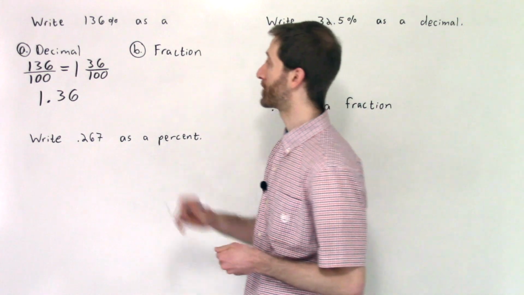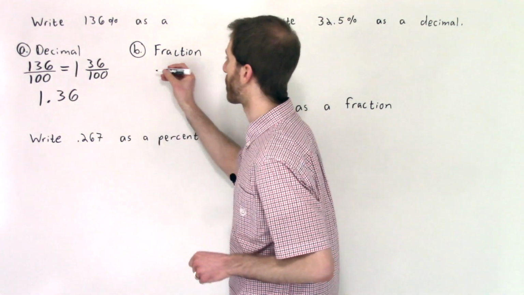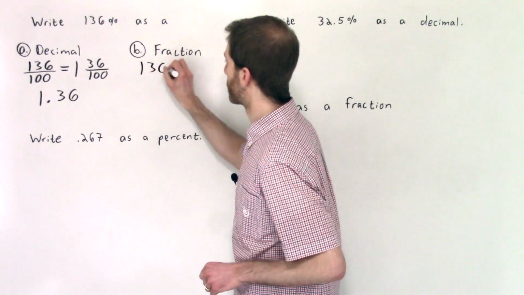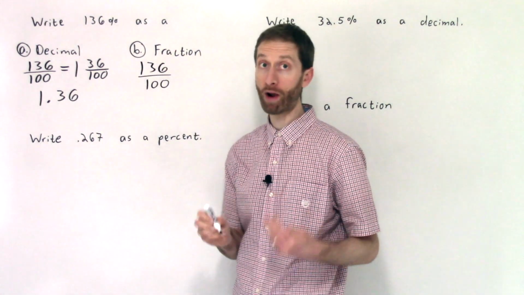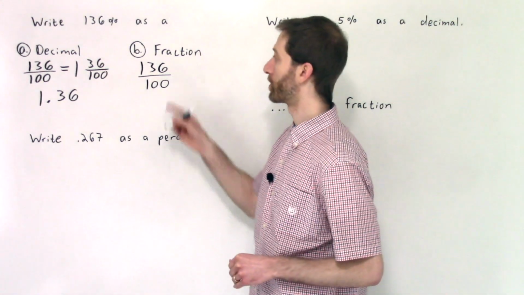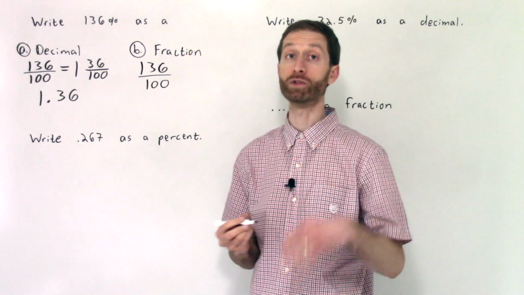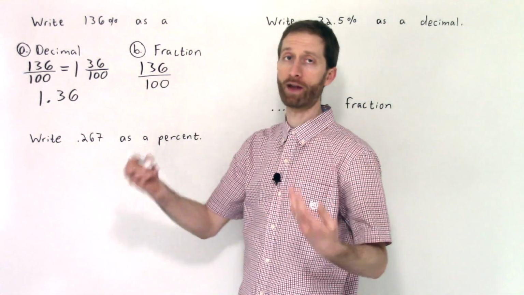Part B asks you to translate this into a fraction. Well, we've kind of already done that. We've got the 136 hundredths. If you just want to leave it as an improper fraction, we now just need to simplify by dividing numerator and denominator by the greatest common factor, which is 4. You could also rewrite it as a mixed number and then reduce it.